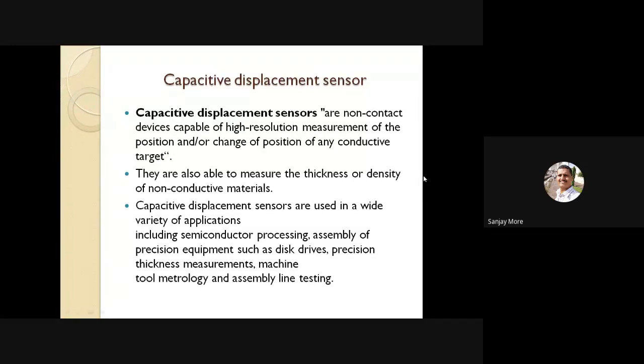Of the position or change of position of any conductive target.